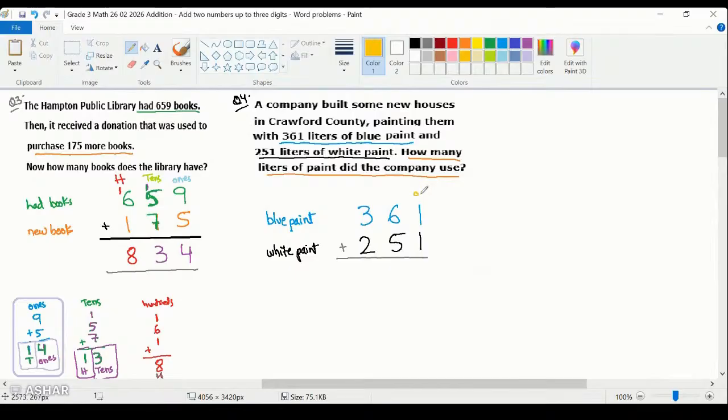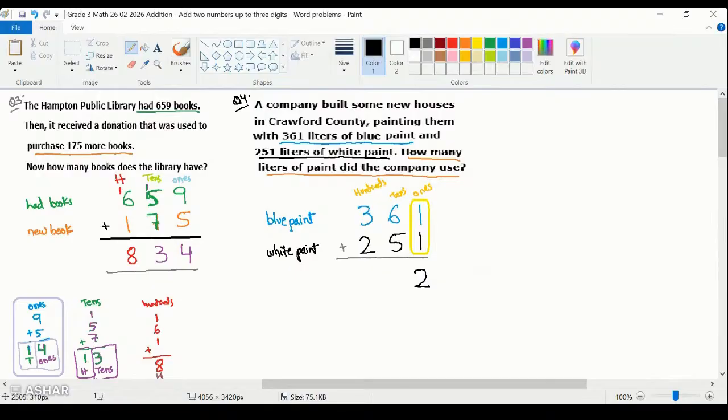These are the ones, these are the tens, and these were the hundreds. So we had these many ones. 1 plus 1, we simply had 2 ones. Agreed? No pressures.